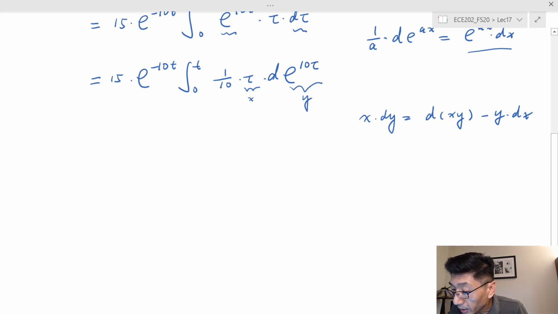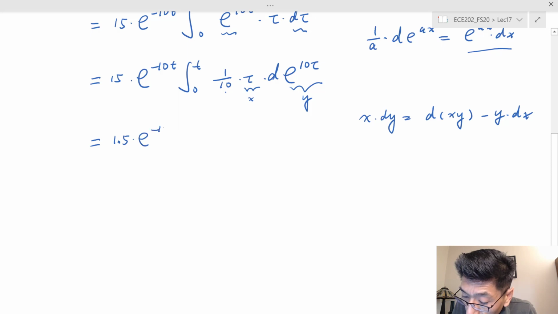So that's the d(xy), so 1 over 10, I can move that out. So that becomes 15 over 10, which is 1.5 times e to the minus 10t. And now I'm having this term. This term is going to be x times y, which is tau times e to the 10 tau.